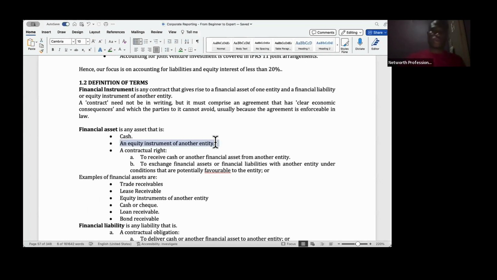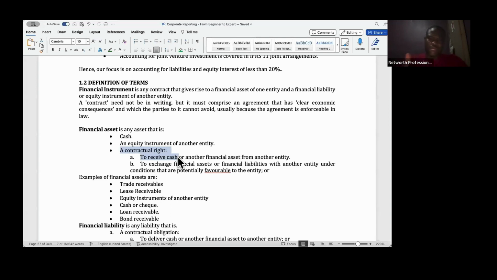That is also a financial asset. And thirdly, a contractual right to receive cash. That's the third one. So at your level here in this ICAN exam, any other thing beyond these three would not be a financial asset.